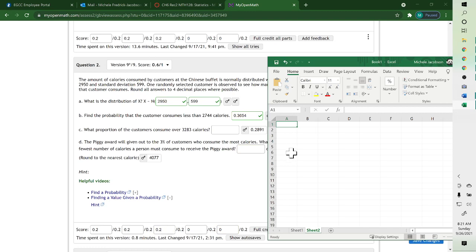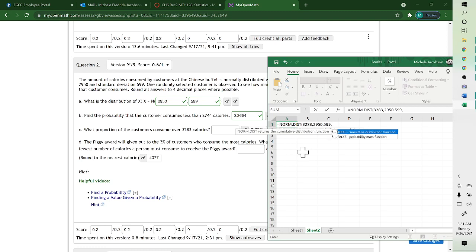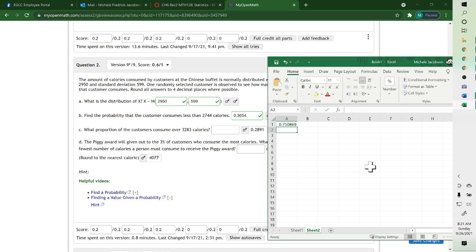So we'll find that first. Click where you want it, equals norm. We're plugging in an X value, so it's the first one. Put our X value, 3283, comma, the mean, 2950, standard deviation, 599, comma, and then I always click true and hit enter.